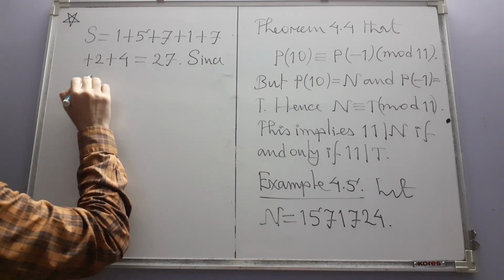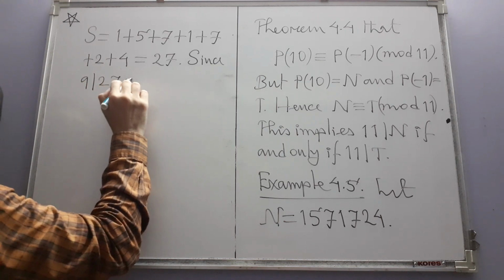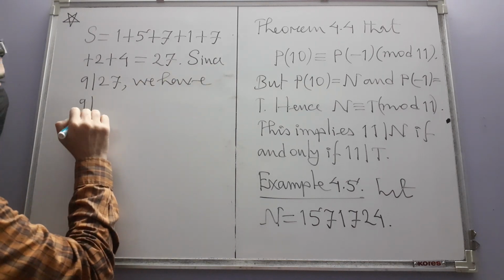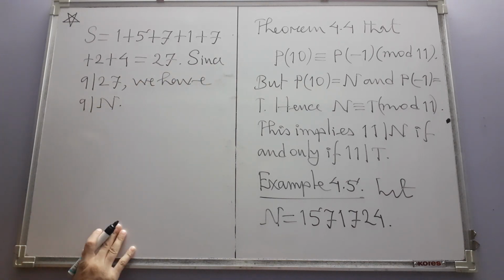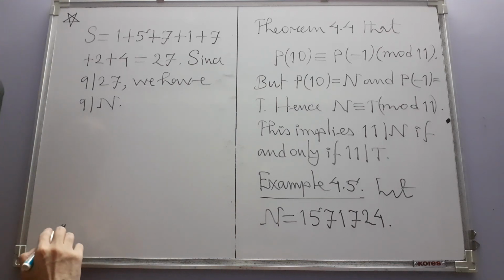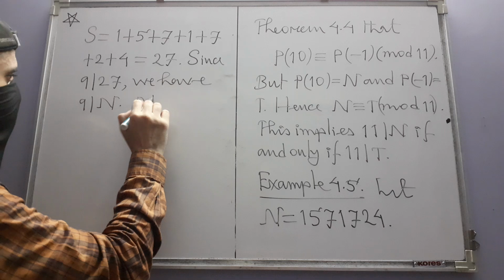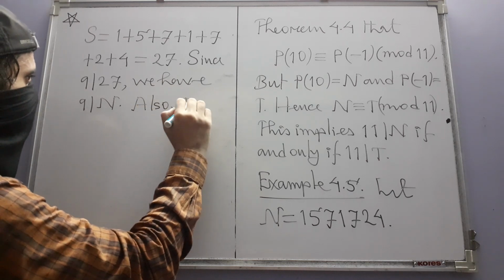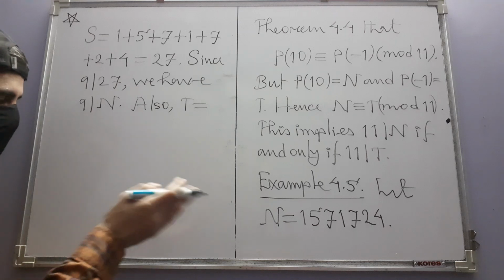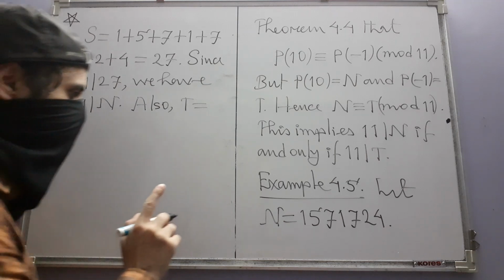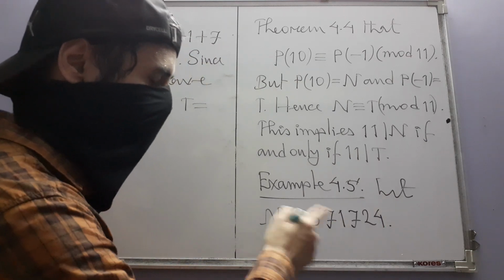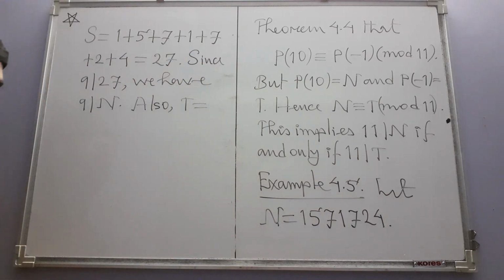Since 9 divides 27, we have 9 also dividing N. So it's that quick if you apply the test. Also, what about T? Calculating T is easier than calculating S because there are many cancellations. So for the alternating sum, we start from the units digit and then alternate between minus and plus.